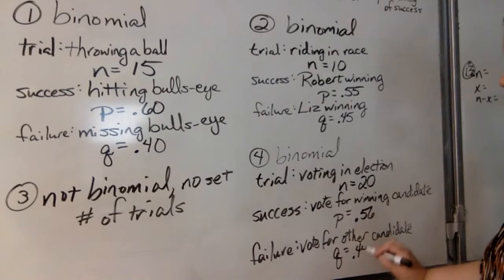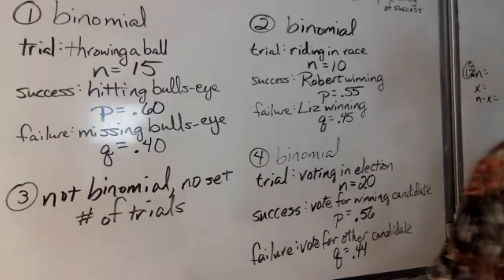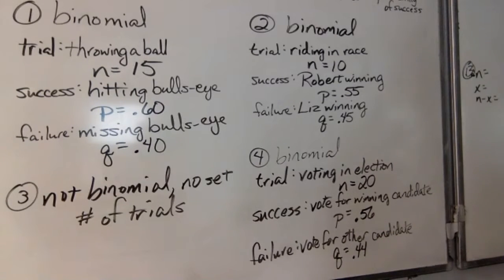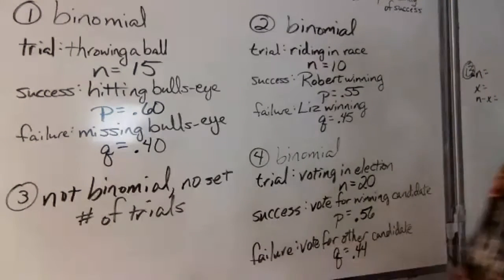So it'd be a 44% or 0.44 probability of failure, not voting for the candidate. Okay? So everybody got 1, 2, 3, and 4 down? Yes, ma'am. We're good? All right.